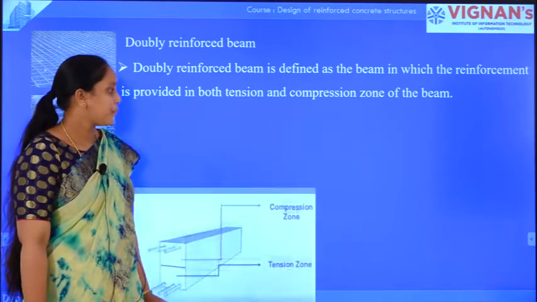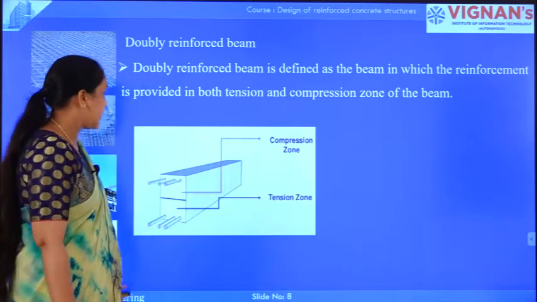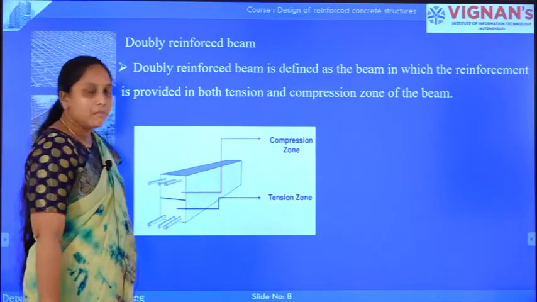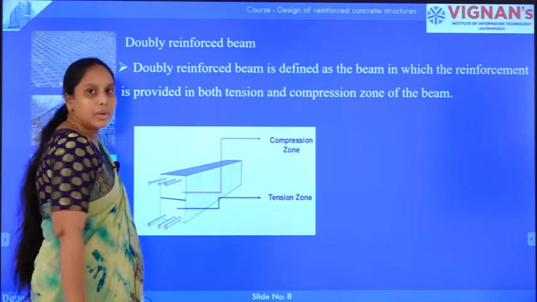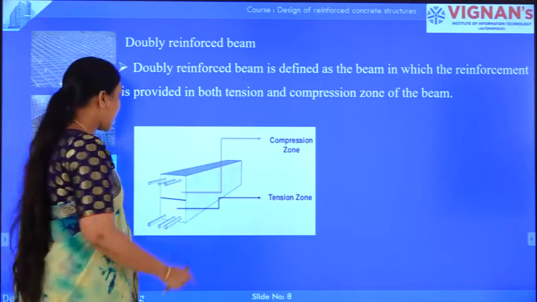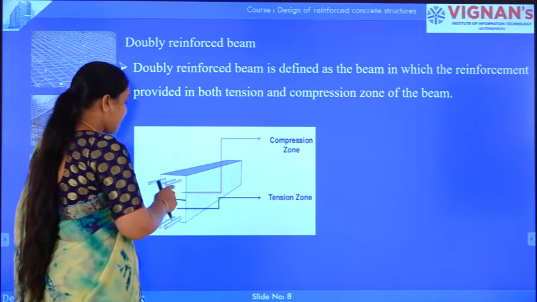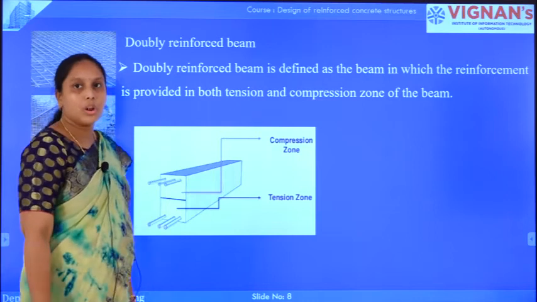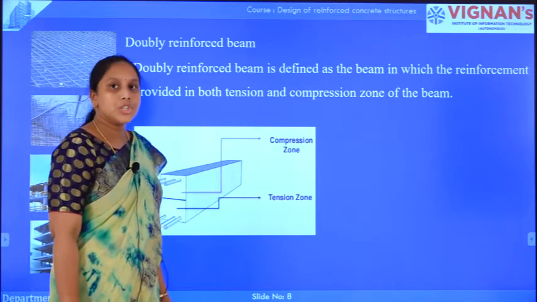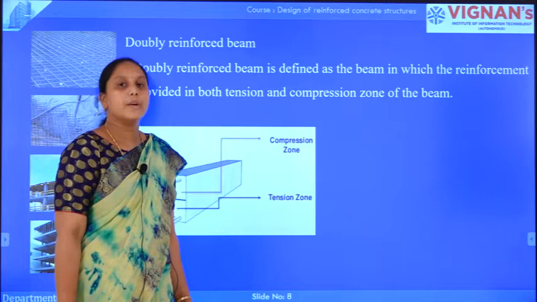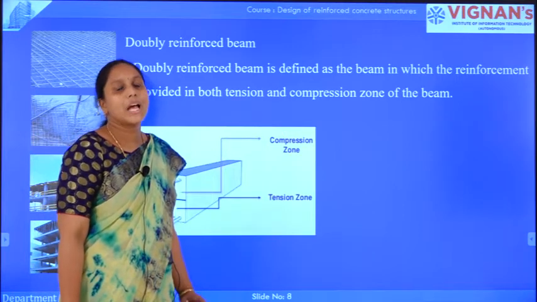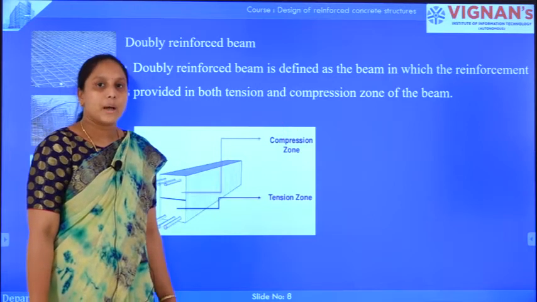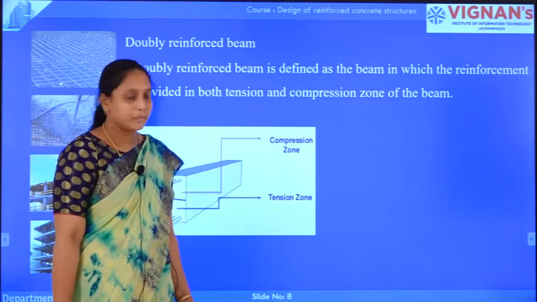If you see this particular beam, this is a beam in which the reinforcement is provided both in the compression zone as well as in the tensile zone. Such a kind of beam is called a doubly reinforced beam.